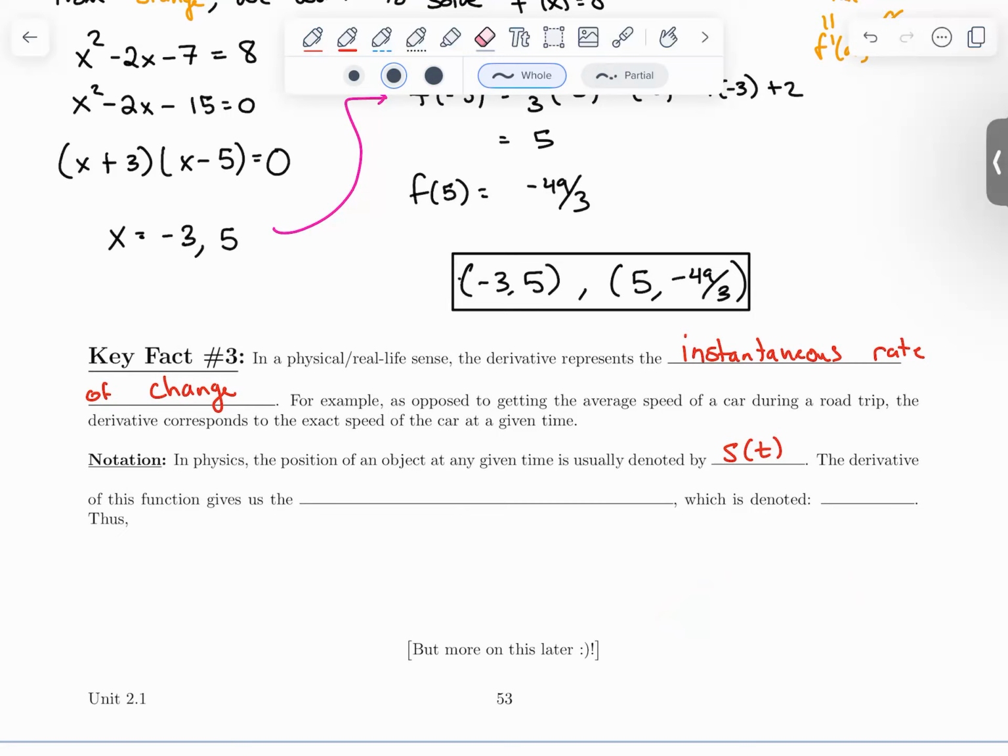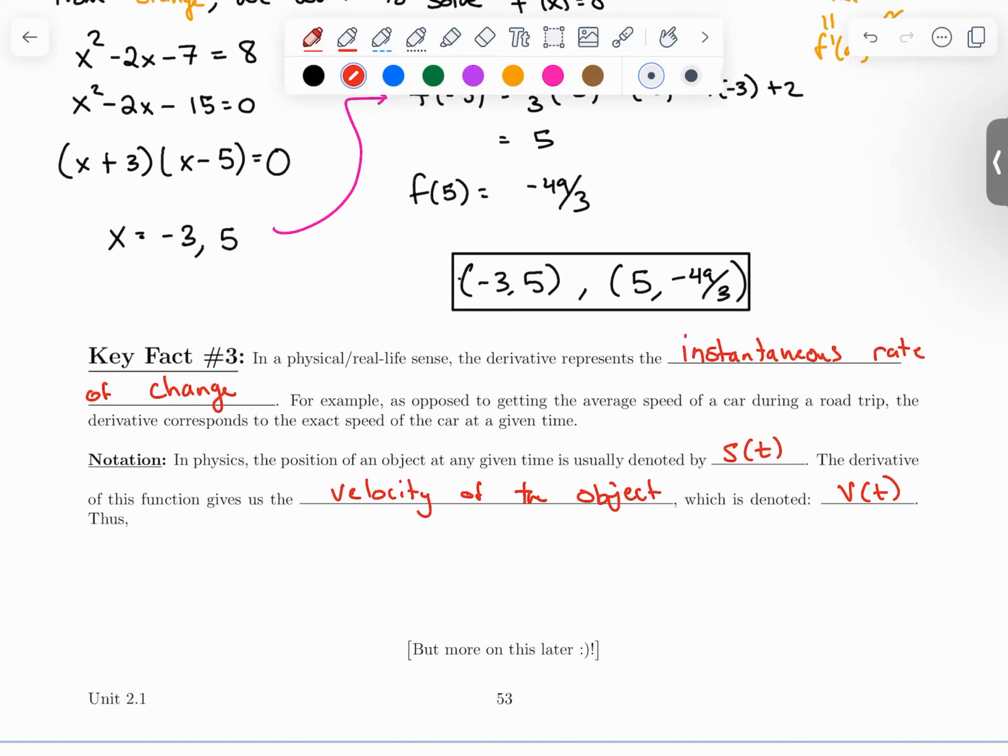Physicists, for whatever reason, called the position function S of t. Don't know why, doesn't matter. And then the derivative of that function, if you take your position and take the derivative of it, you get the velocity of the object, which is denoted by v of t.